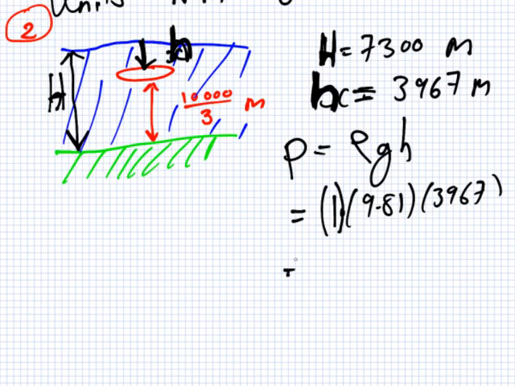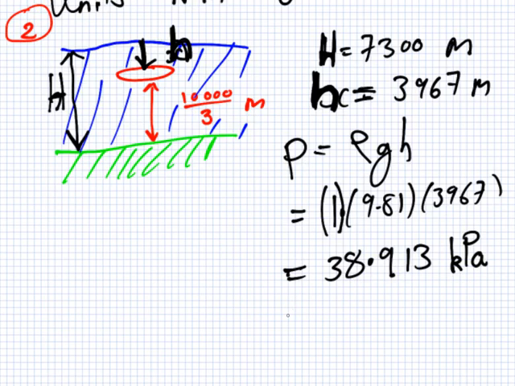So this would be 38.913 kilopascals. What was 1 atmosphere? 101.35.